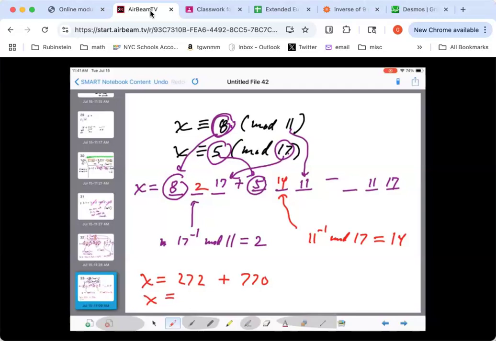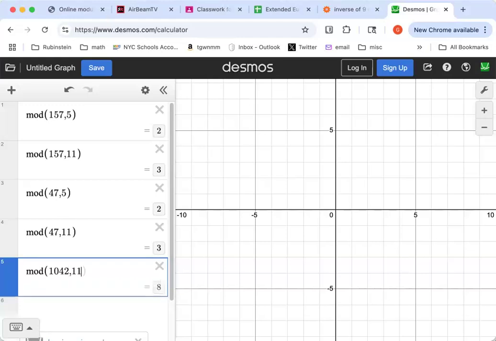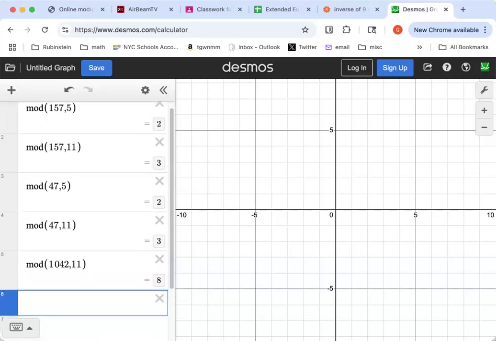And get 1042. And just for a sanity check, I'll come over here and say mod 1042 mod 11 does come out to be 8. And mod 1042 comma 17 does come out to be 5, like I hoped.